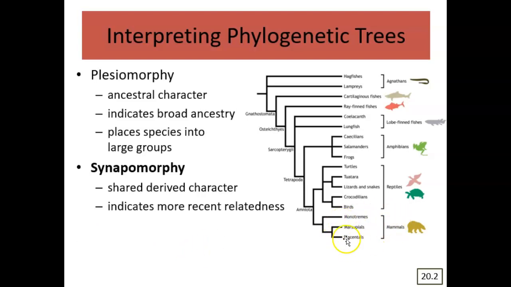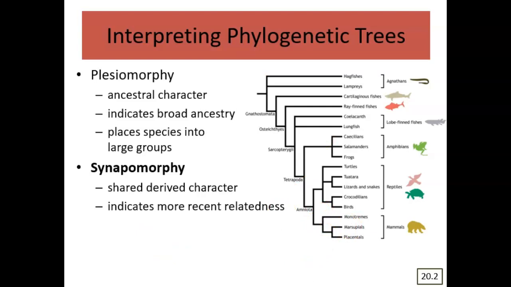Down here in the bottom right, we have this specific part of the phylogeny showing the mammals. We say, what are some synapomorphies for mammals? We can say, well, hair, for example. Hair would not be found in the common ancestor of this whole phylogeny, but it is derived later on, found only in the mammals, and tells us the mammals are related to each other.